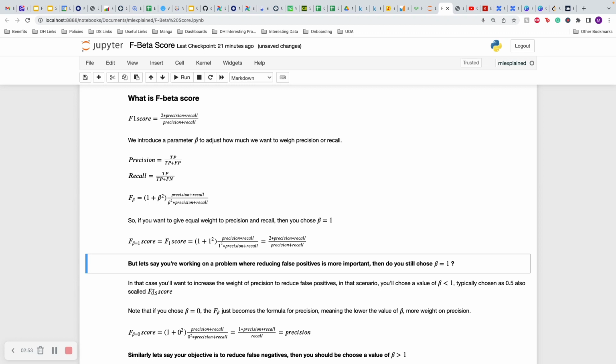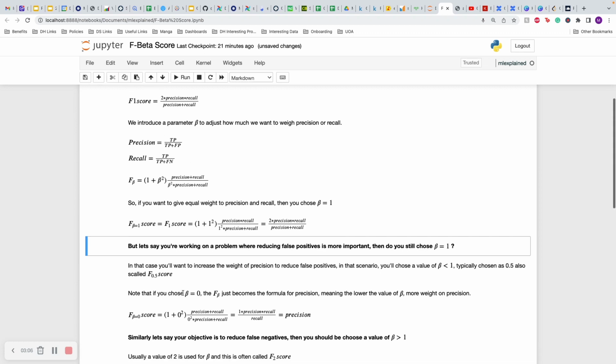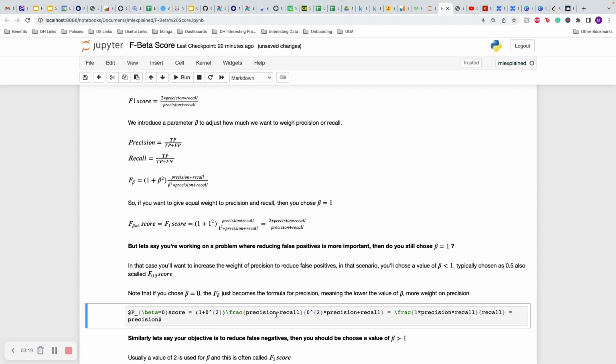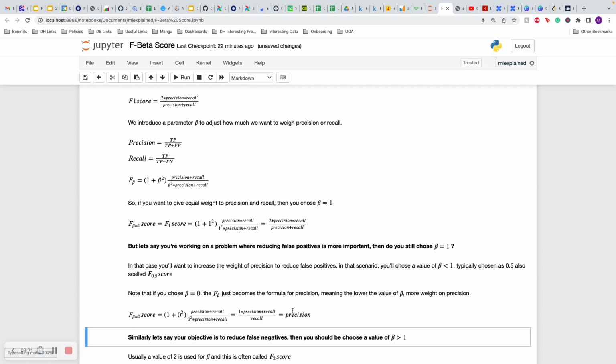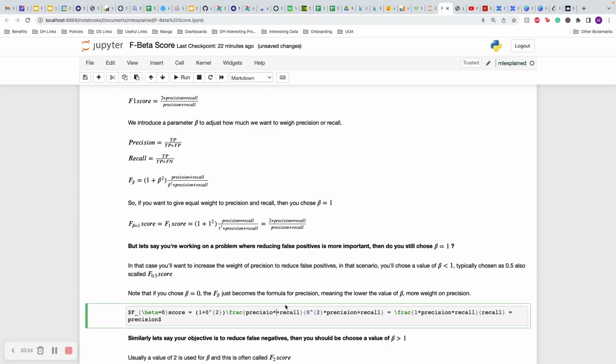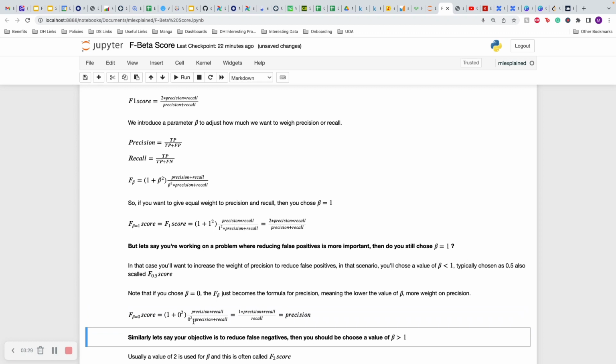Now, how can we prove that reducing beta actually increases the emphasis on false positives? Remember that you want to increase your precision if you want to reduce false positives, right? So let's choose a very extreme beta value of 0. If you choose beta of 0, the F beta score essentially becomes 1 plus 0 square into precision into recall, divided by 0 square into precision plus recall.